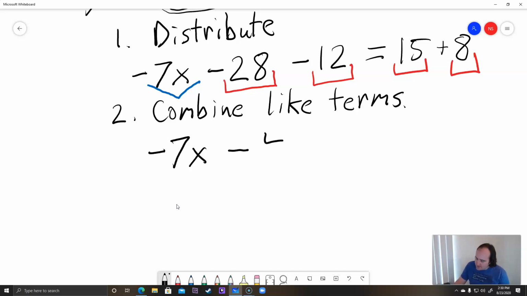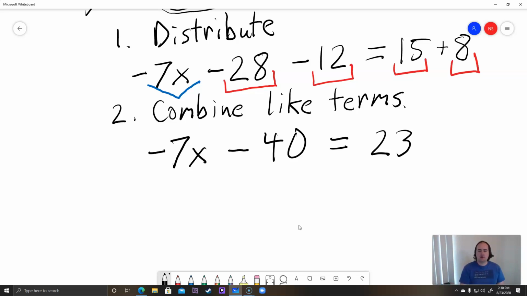Okay, so we should have negative 7x minus 40. And then on the right side, combining those like terms, we have 15 plus 8, which is actually going to give you 23. Okay, so we have negative 7x minus 40 equals 23.